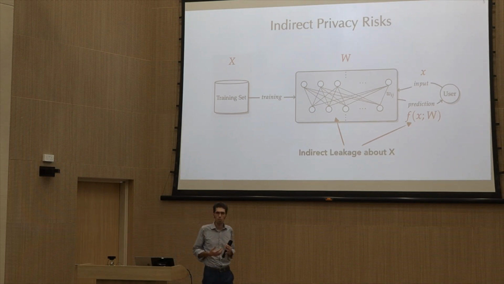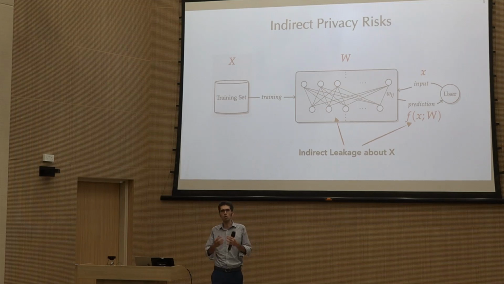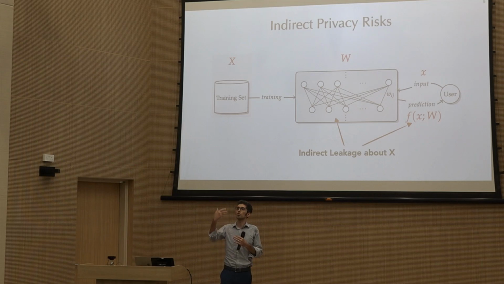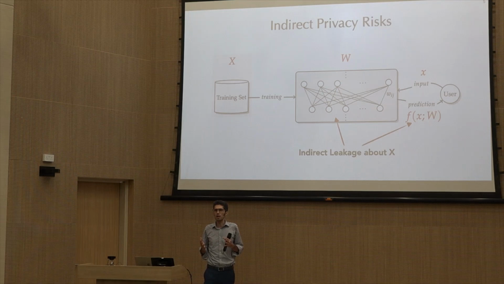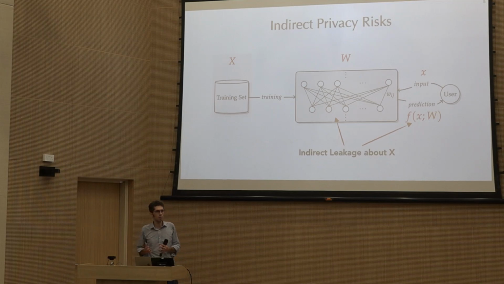And you can imagine that there would be some adversary who would look at the model or the predictions from the model and try to reconstruct information about the training data, right? So that's what I call the indirect information leakage. The adversary does not have access to the data, has no idea what the training data is, however has access to the model or the predictions from the model.